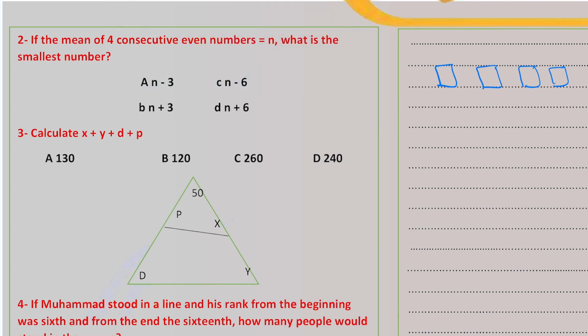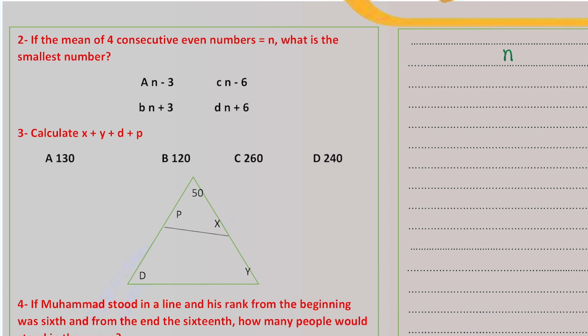So if the mean is n, it is not a number among them, because I do not have a number in the middle. So here will be n minus 1 and here n plus 1, here n minus 2 and here n plus 2. Okay? So he asked what is the smallest number? He mentioned that it's even numbers.